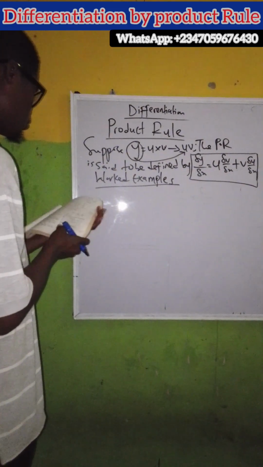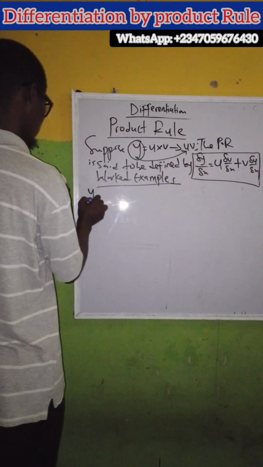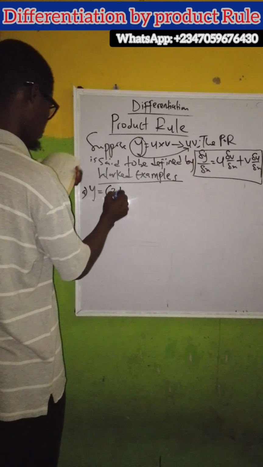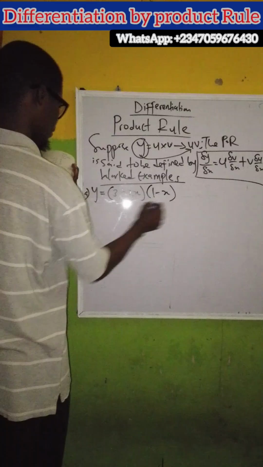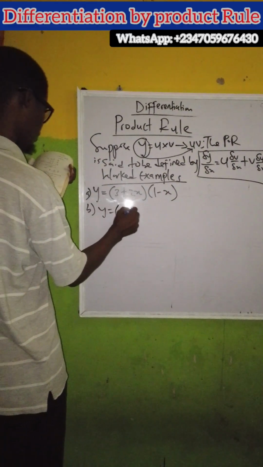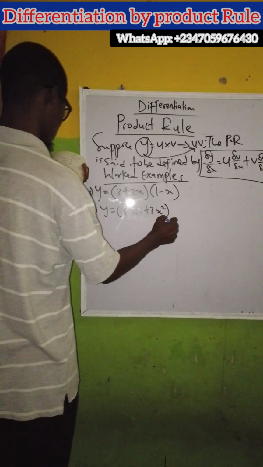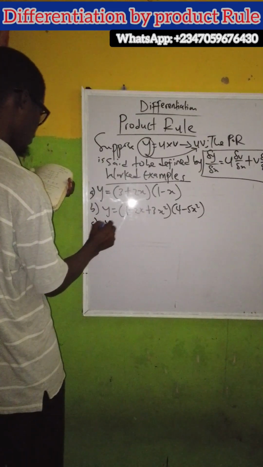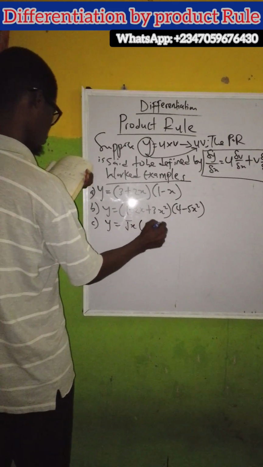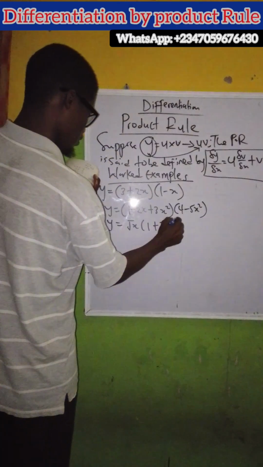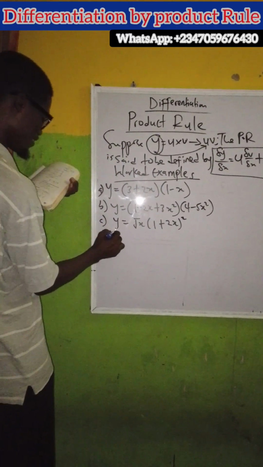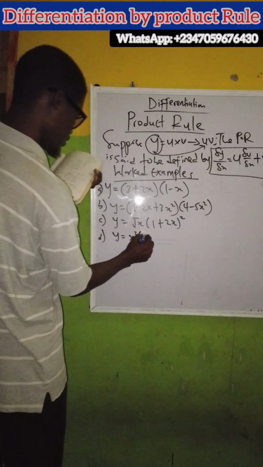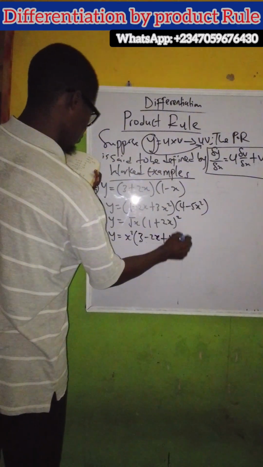Alright, so we have questions here like: y equals 3 plus 2x times 1 minus x; y equals 1 minus 2x plus 3x squared, then 4 minus 5x squared; then y equals square root of x into 1 plus 2x; then 3 minus 2x plus 4x squared.